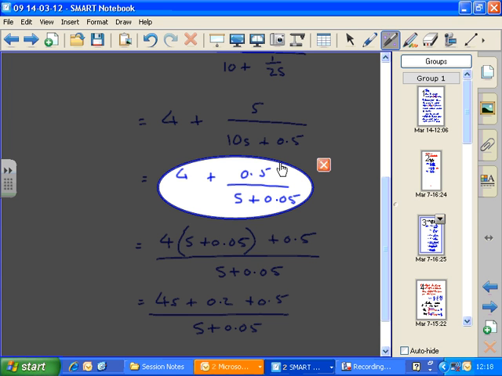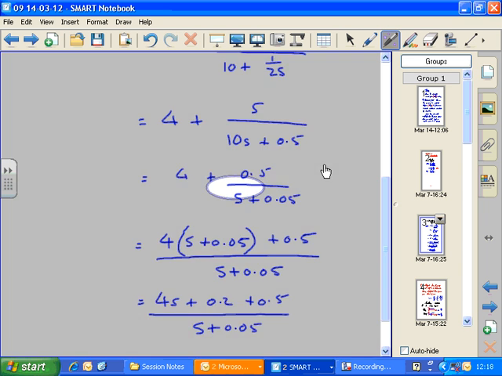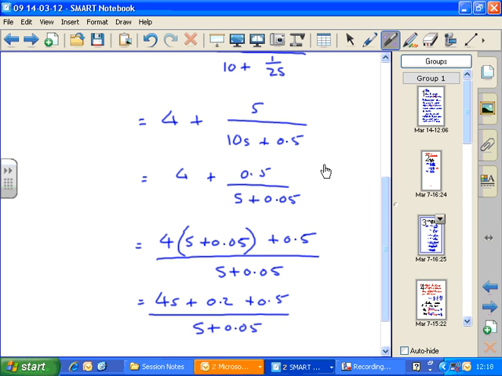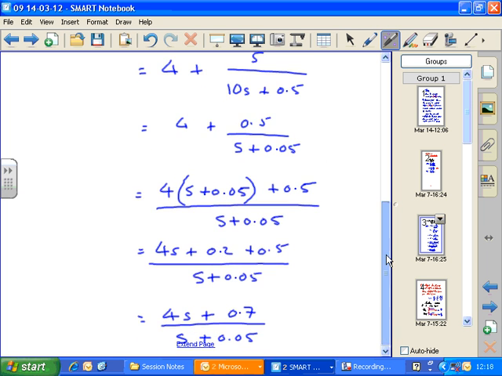So in the 4, I multiply top and bottom by S plus 0.05 so that I can have a common denominator, and then I can combine them and end up with a result at the end. That's a common thing to do, to multiply top and bottom by the denominator of the other fraction so that they're the same.